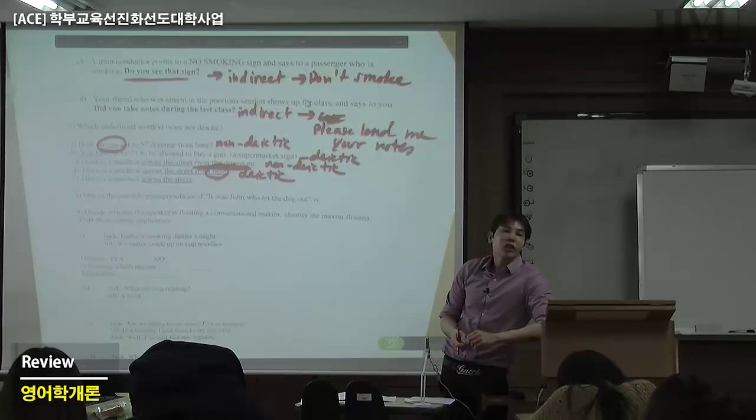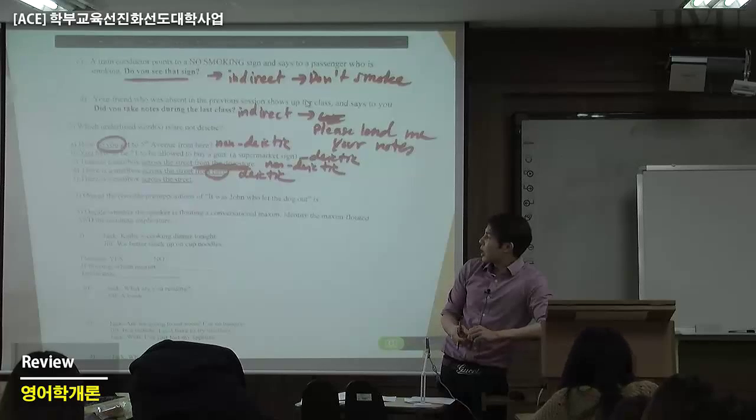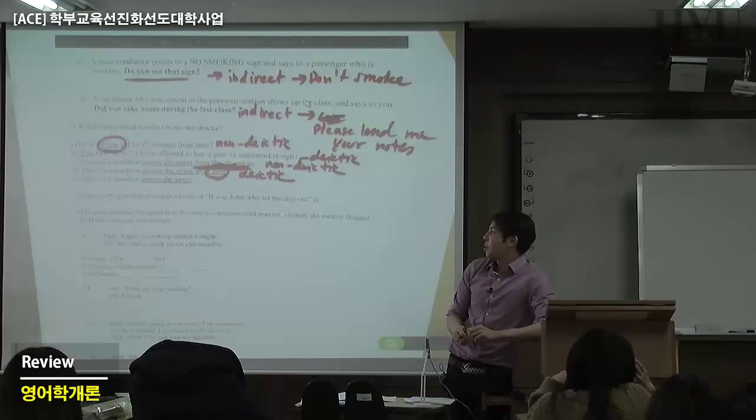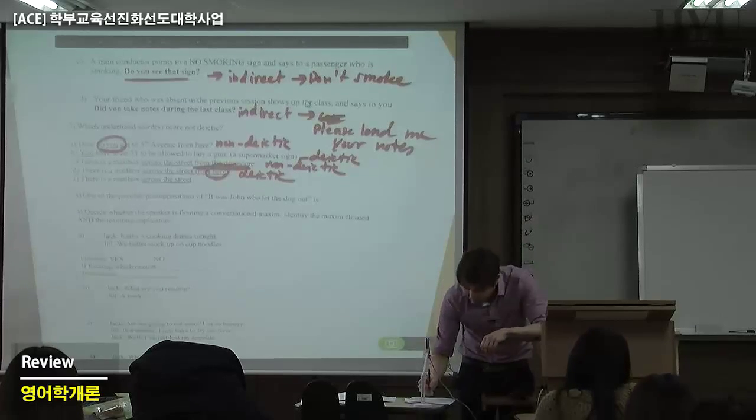And this is similar to the last one, which is number F. There's a mailbox across the street, right? So depending on where you are, where the speaker is, right? So it's also deictic.